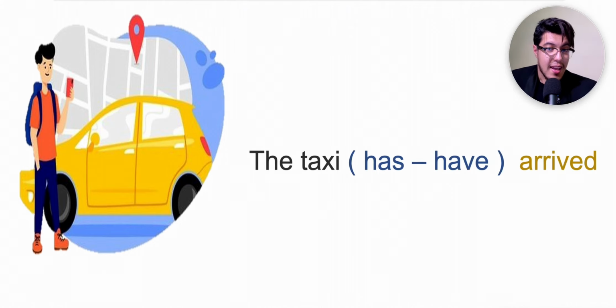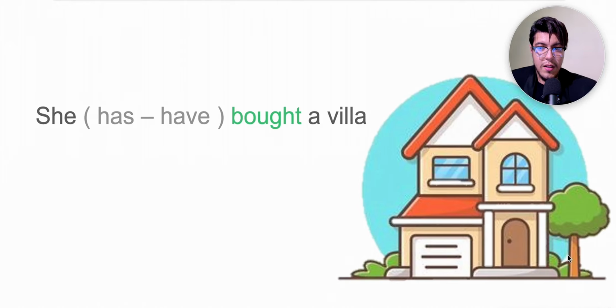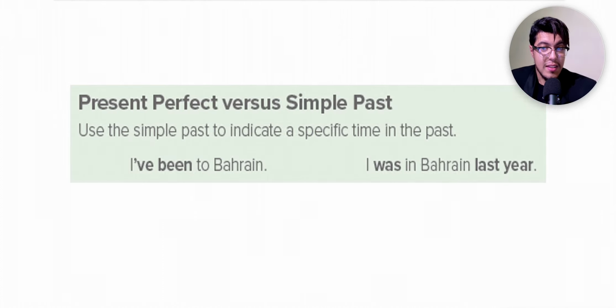The taxi has arrived, or the taxi have arrived? The taxi has arrived. Yes. Well, she has bought a villa, or she have bought a villa? Of course, it's she has bought a villa because we use has with he, she, and it.